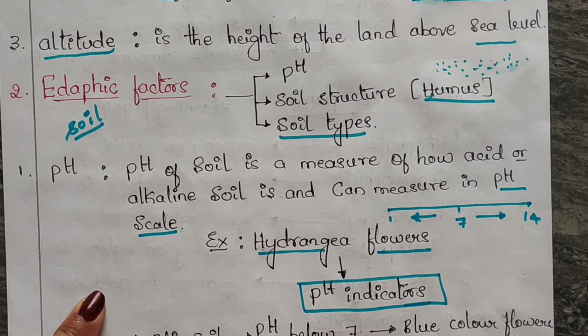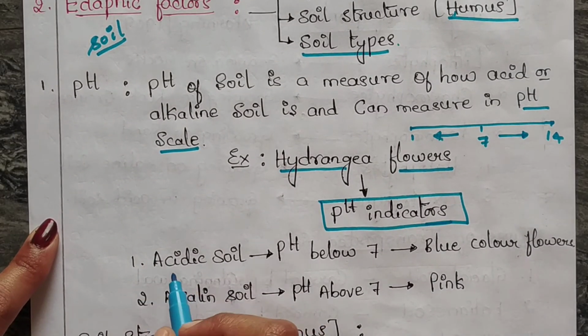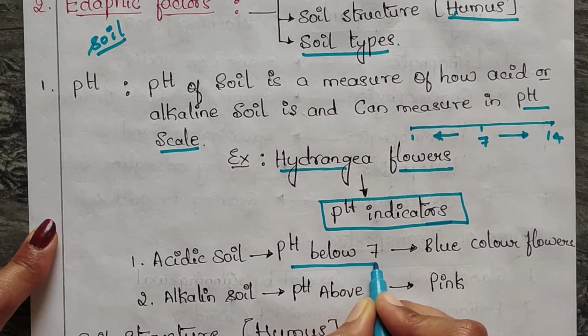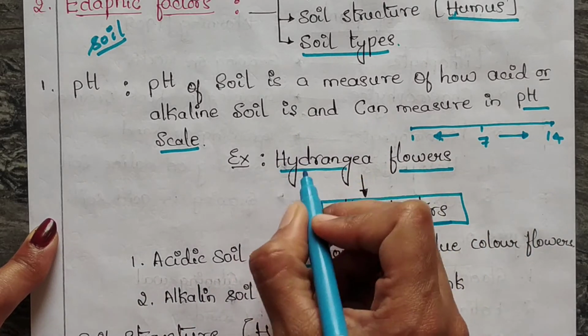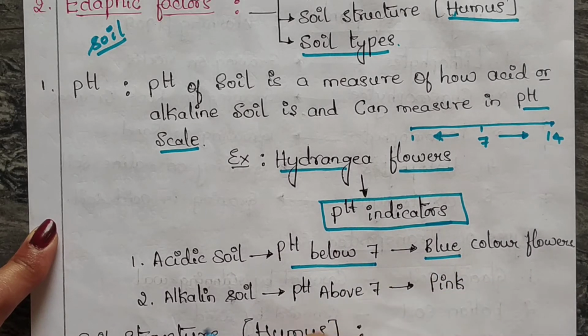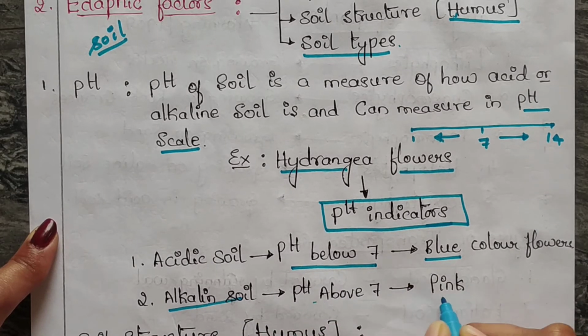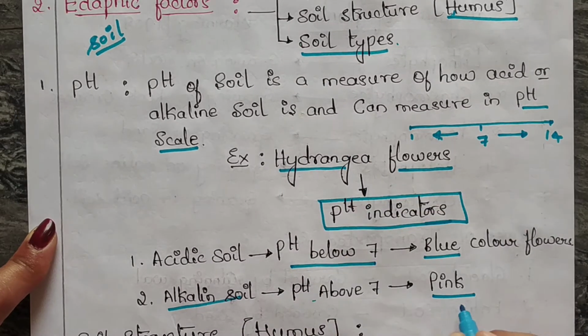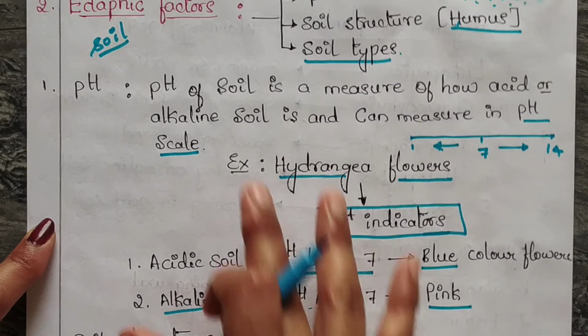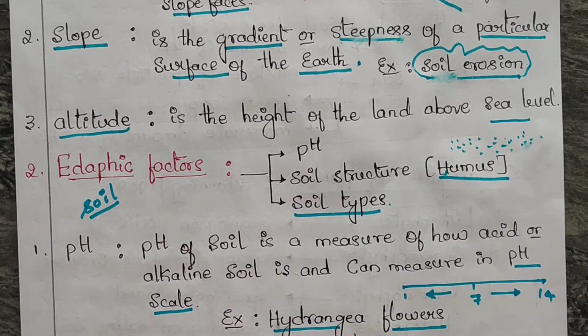Like that we can find out acidic soil. If it is acidic soil, the pH is below 7, and at that time the hydrangea flower color will be blue. When the soil is alkaline, the pH being above 7, these flowers will look pink in color. Okay, that's about the pH of the soil.